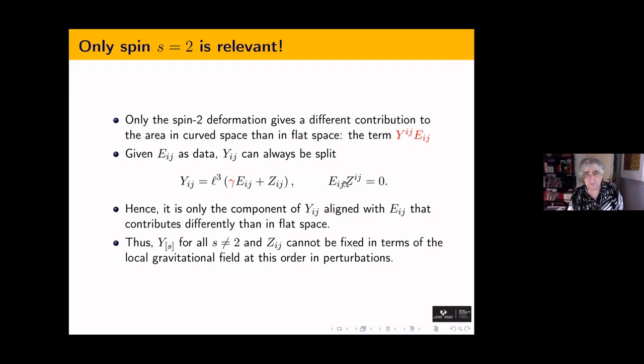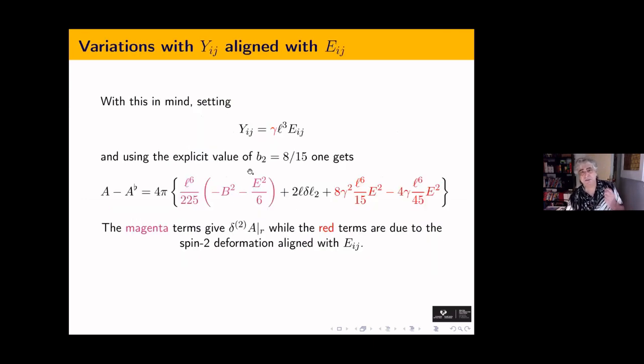We can also remove this Z part and just take Y aligned with E. And then the important thing is this coefficient gamma, which is just a number. Now, with this in mind, if we just use this deformation, only the spin 2 proportional to the electric part with gamma, and if we use the explicit value of this constant B that appeared in the previous formula, this is what we get for the deficit of the area.